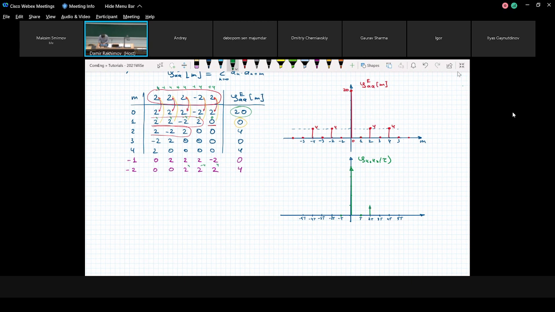So, as I said, instead of sample pulses, we put delta pulses. Each delta pulse has infinite amplitude. But the magnitude of each delta pulse will be the same as for the sample pulse.